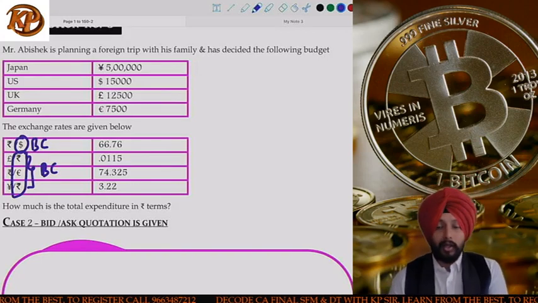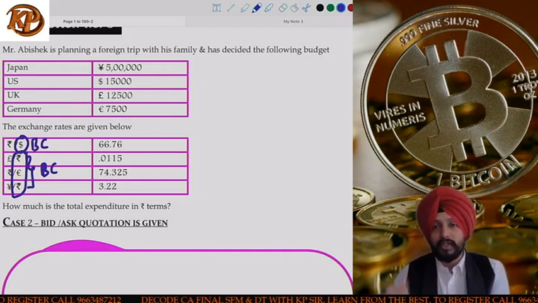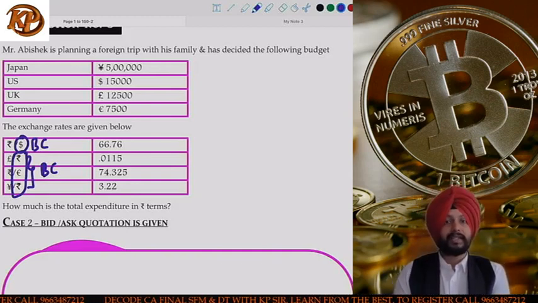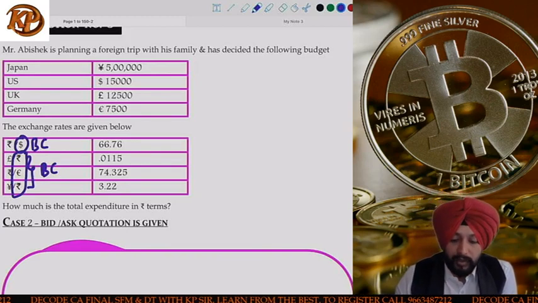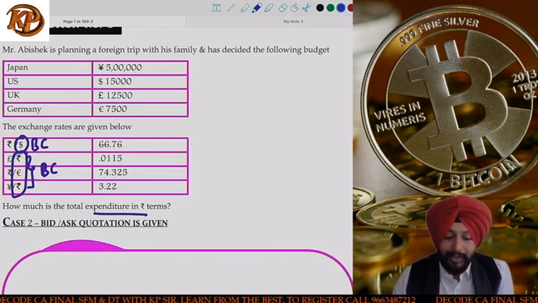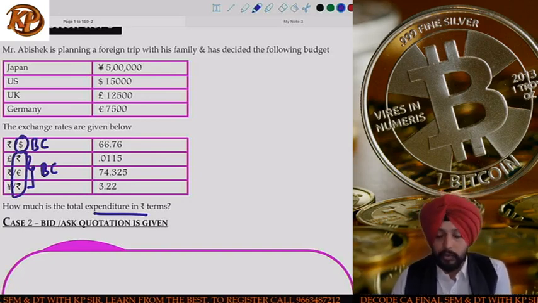Let's not evaluate each and every quotation. One quotation is enough for you to check if your base currency is in the denominator. Different quotations are given for different currencies. How much is the total expenditure in rupee terms? They want us to find out the total expenditure in rupee terms. Okay.